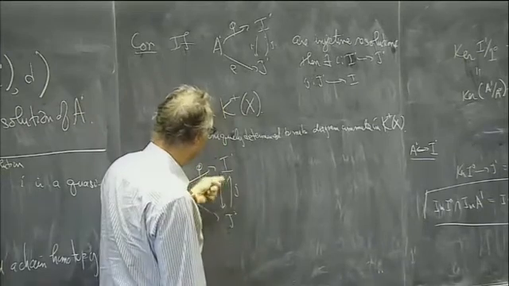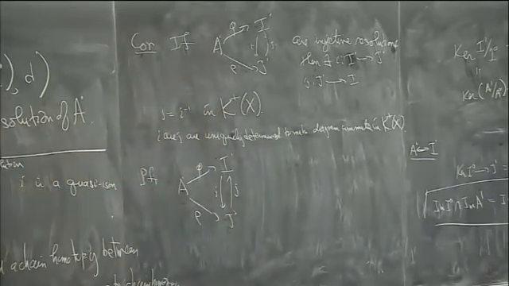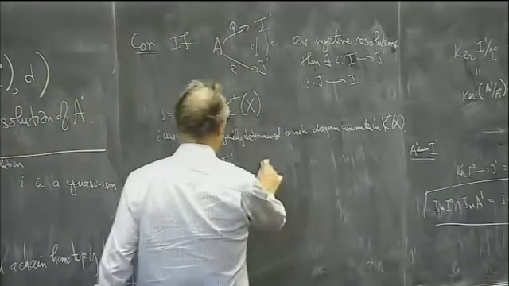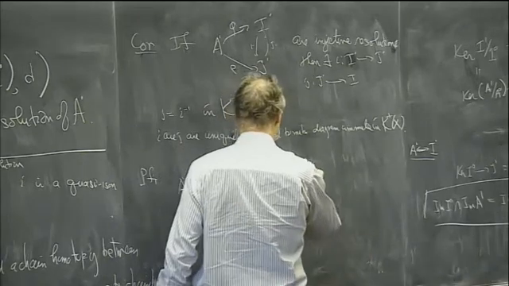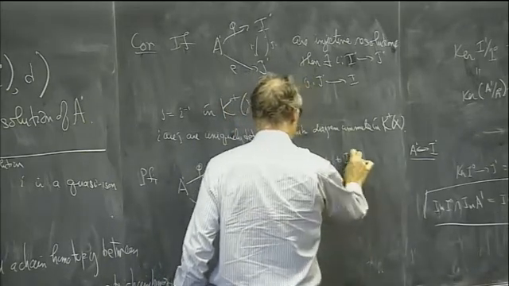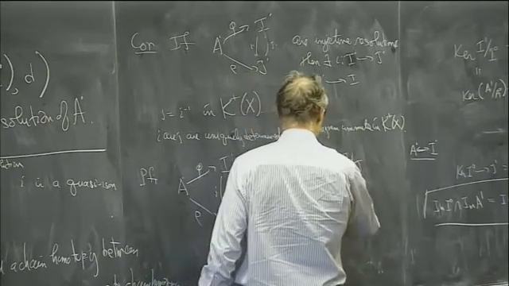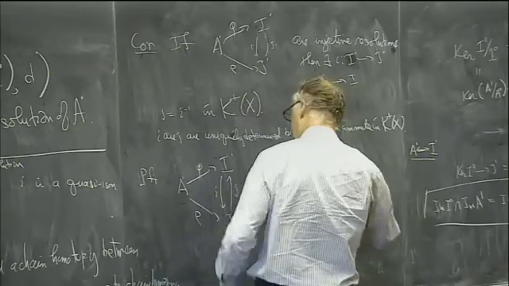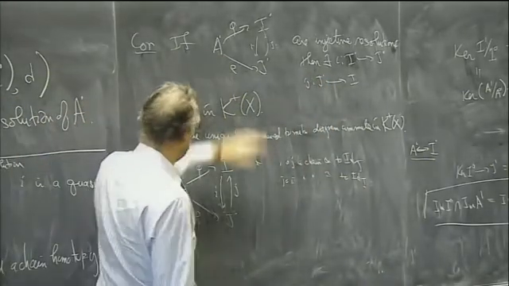Same argument: I composed with J is chain homotopic to the identity. Okay? And the diagram commutes up to chain homotopy. So that's exactly this statement.